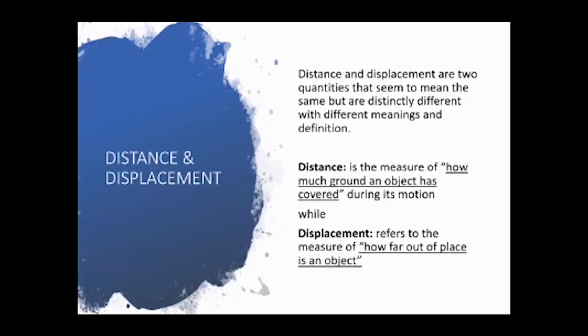What is distance? Distance is the measure of how much ground an object has covered. This means how many steps you have taken on the ground, and we add all those steps, then we have distance in our answer.